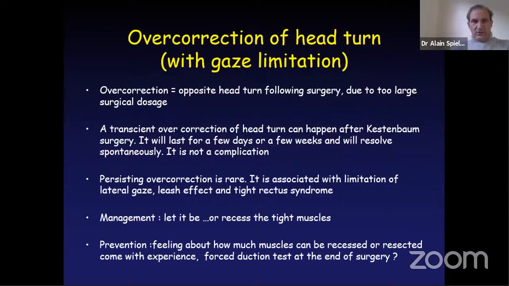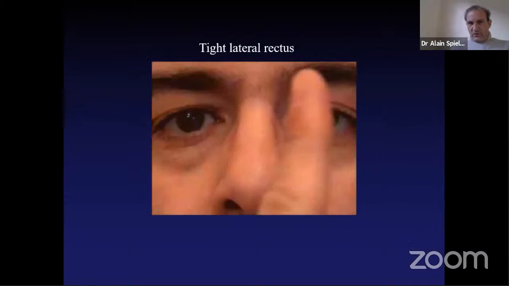I mean, in the superior oblique tuck, you can do a force reduction to know whether you will have a Brown syndrome. But on horizontal muscle, the value of the force reduction test at the end of surgery, in my opinion, is not really worth it. I just want to show a video to show what is a tight lateral rectus.